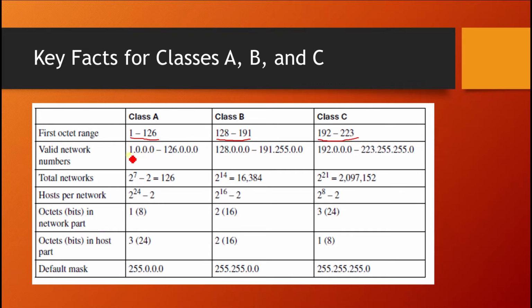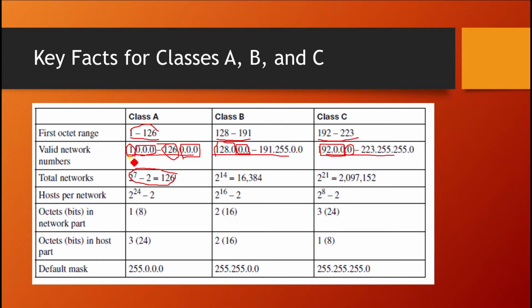And here it gives you the valid range of classes and how many possible networks there are, because the first digit of class A is called the network. The last three components are called the host portion in class A. In class B, the first two digits are considered the network, the last two digits the host. In class C, the first three digits are considered the network, the last one is considered the host.